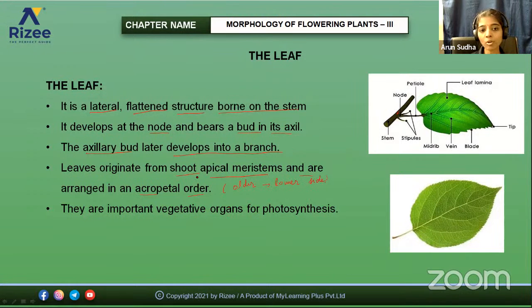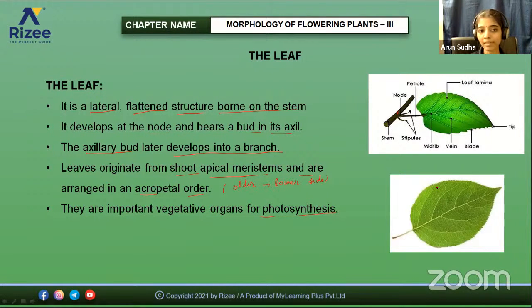The lower leaves will be arranged on the lower side, and the newly grown leaves will be on the upper side. So they are the important vegetative organs for photosynthesis. The photosynthesis mainly occurs in the leaf.